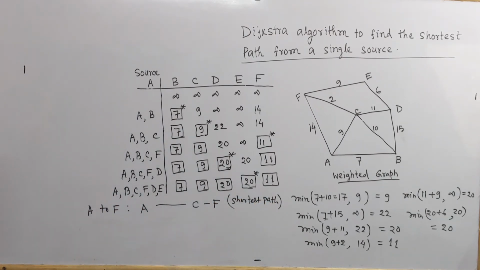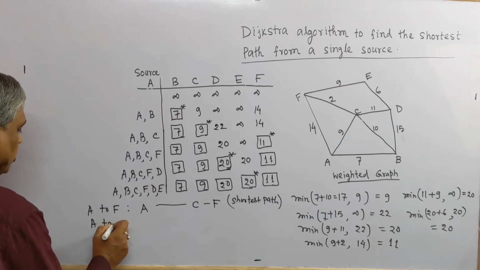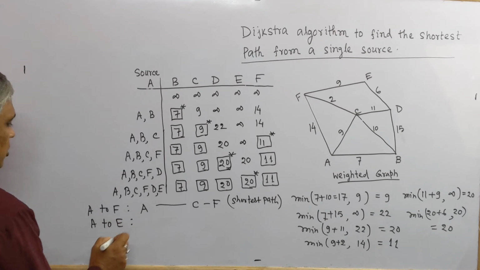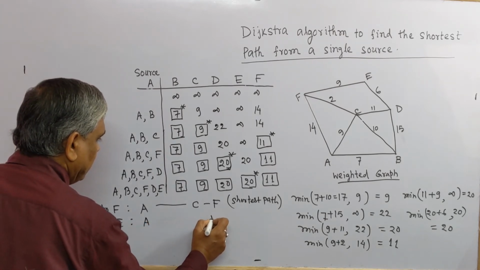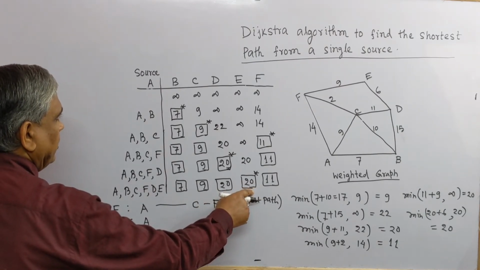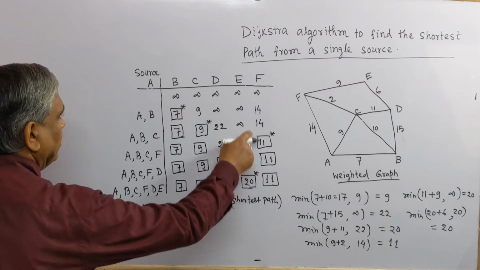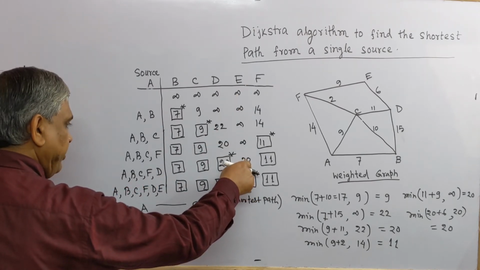Now we find the shortest path from A to E. Firstly, we write A, here E. Here we see 20 below E. This 20 here is the same.